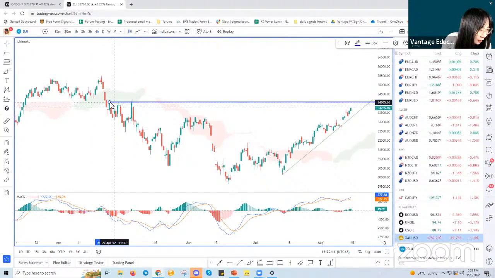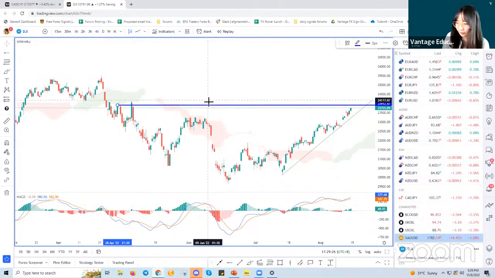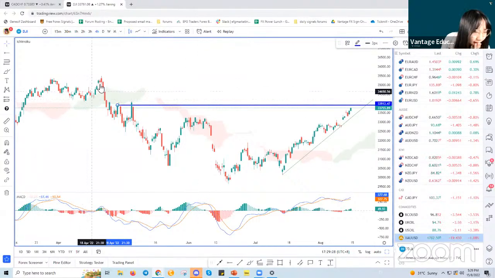Okay, so for me, I like to wait a while to see whether the market is really going up. So I like to put my entry level here, or a little bit lower here is also okay. And then if the price breaks this level, it could help me to confirm my idea that the price may go up in the future.